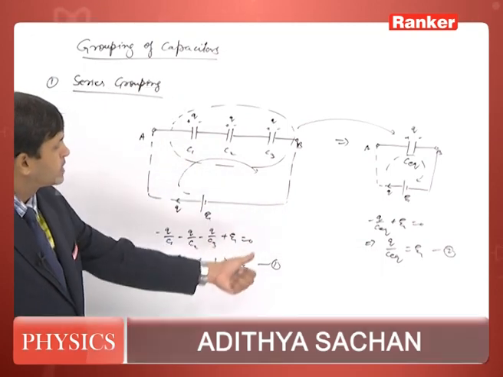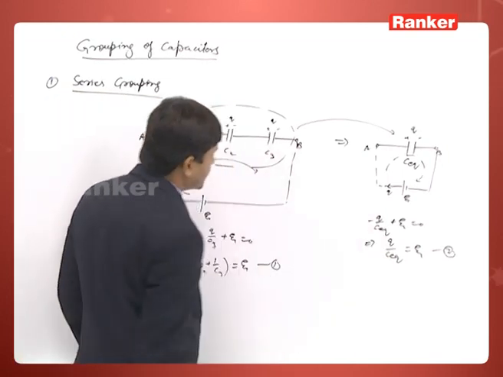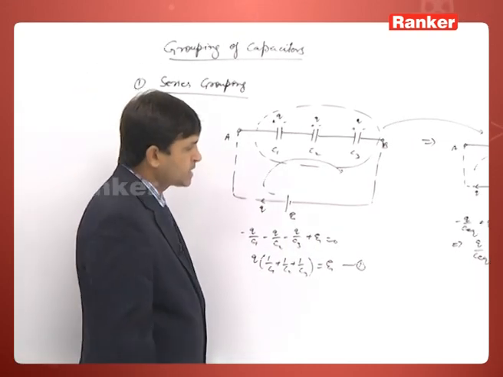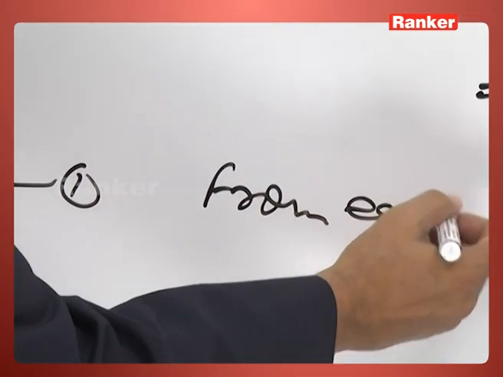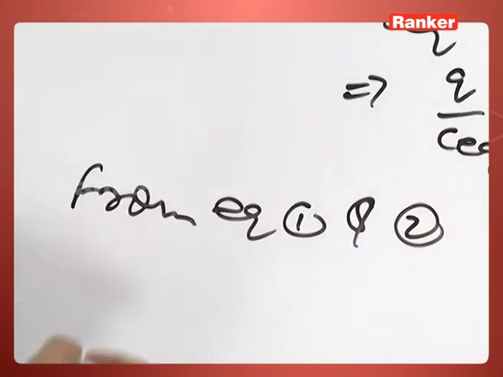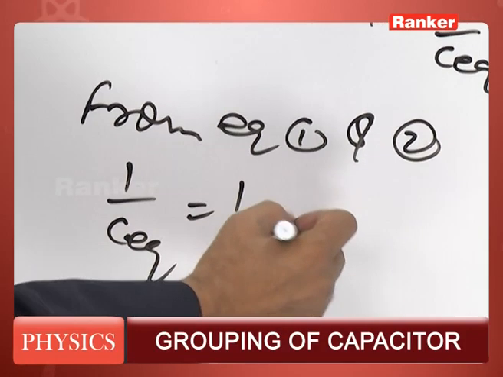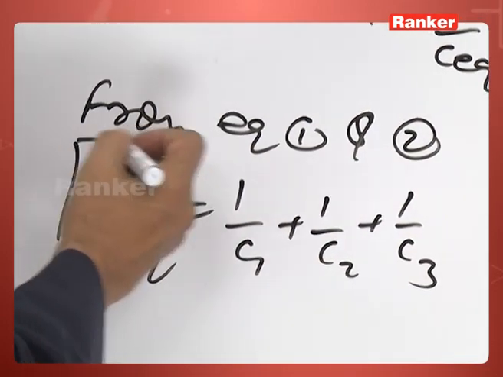Absolute similarity is there if we write 1 by C equivalent is equal to 1 by C1 plus 1 by C2 plus 1 by C3.